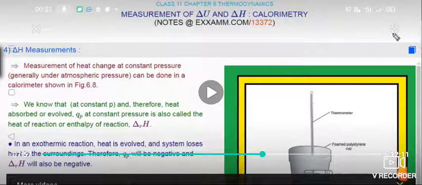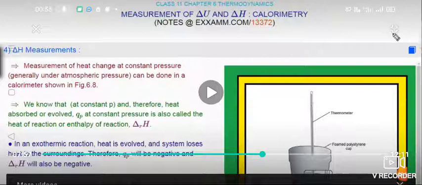Q water, heat absorbed by the water, is equal to mass of water times specific heat of water times change in temperature. Mass is M. Specific heat. What do you mean by specific heat? Actually, what do you mean by heat capacity?